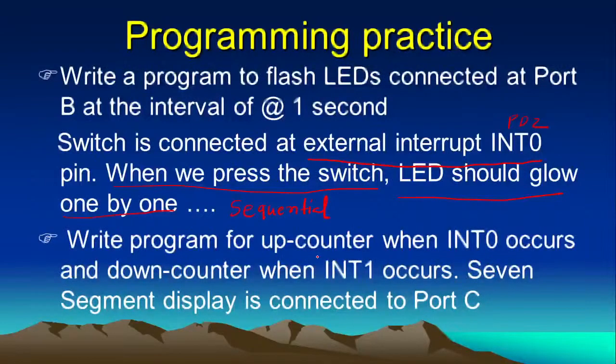If you have any doubt in those programs, we will discuss during the next lecture. Another exercise for you is that you write a program for an up counter whenever interrupt 0 occurs, and a down counter whenever interrupt 1 occurs, and consider that the 7 segment display is connected to port C. We have already discussed a similar program during the last lecture, but that program was using C language.